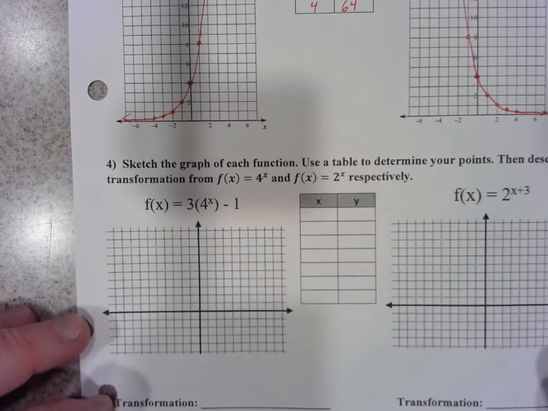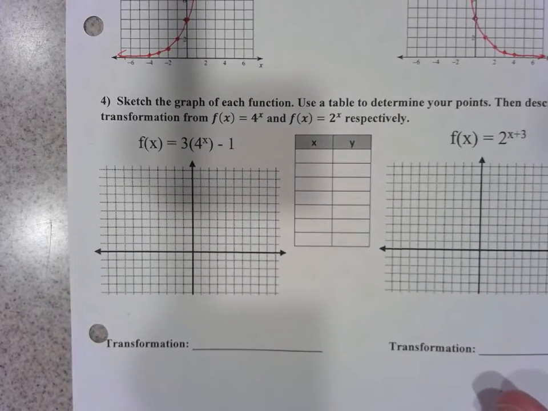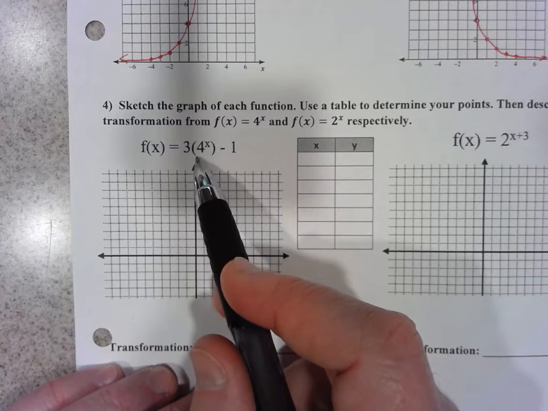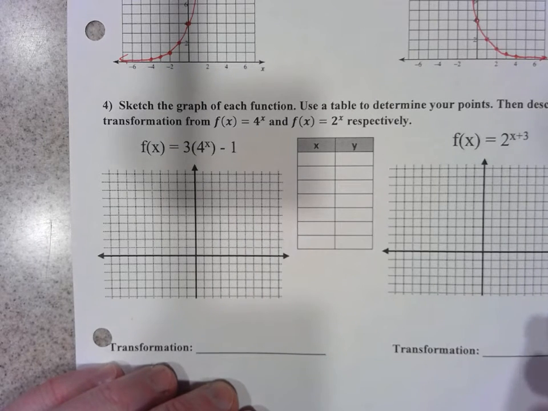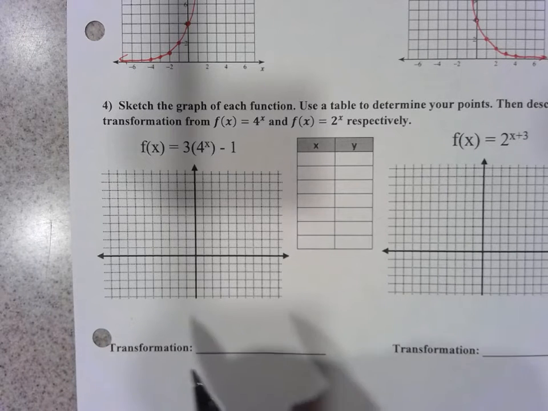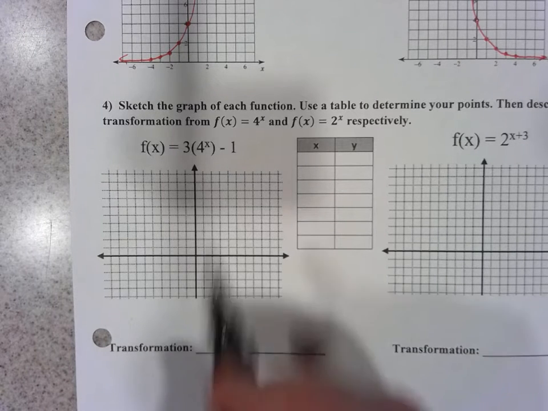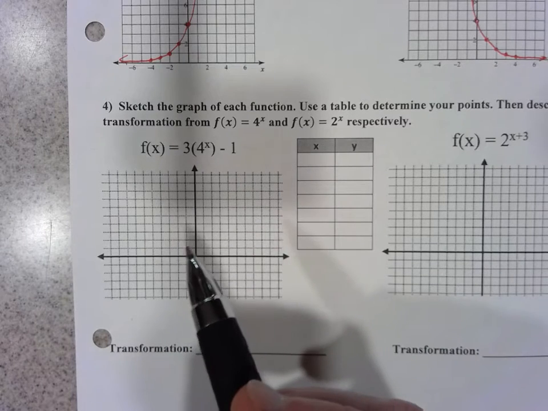Right. Question number 4. Sketch the graph of each function, use a table to determine your points, then describe the transformation from f of x equals 4 to the x power for the first one, and f of x equals 2 to the x for the second one. So again, go to the table function, type in the equation 3 times 4 to the x power minus 1.